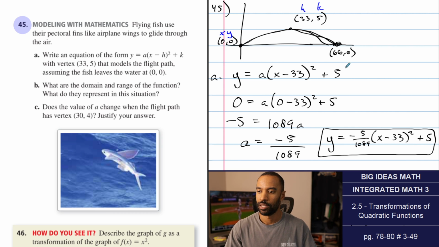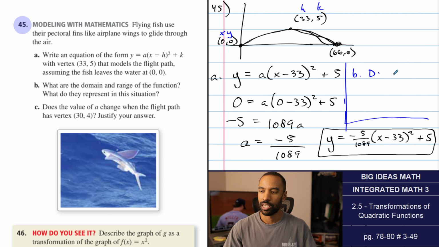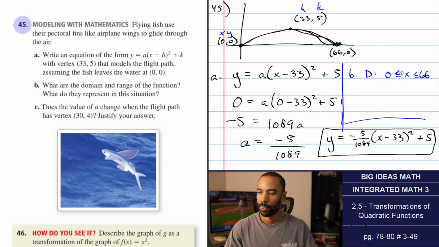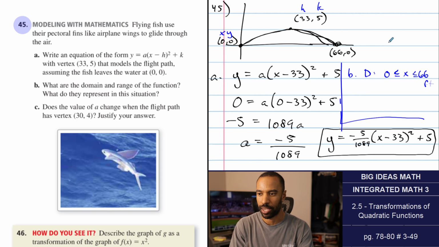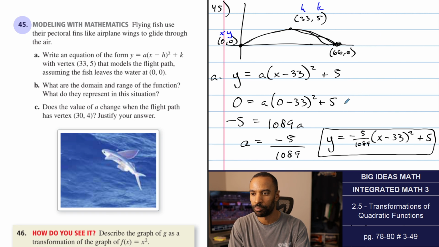So part B, let's split this up here. Part B, the domain is going to be from 0 to 66 on x, and includes both of those. This is in feet. Range, you know what? I'm going to do this down below.